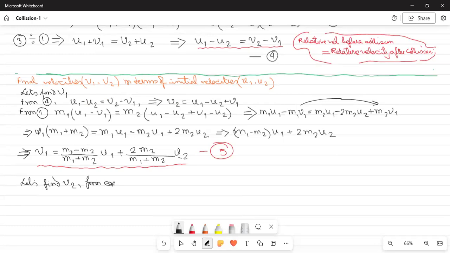If we want to find v2, we shall eliminate v1. We find that v1 is equal to v2 minus u1 plus u2.